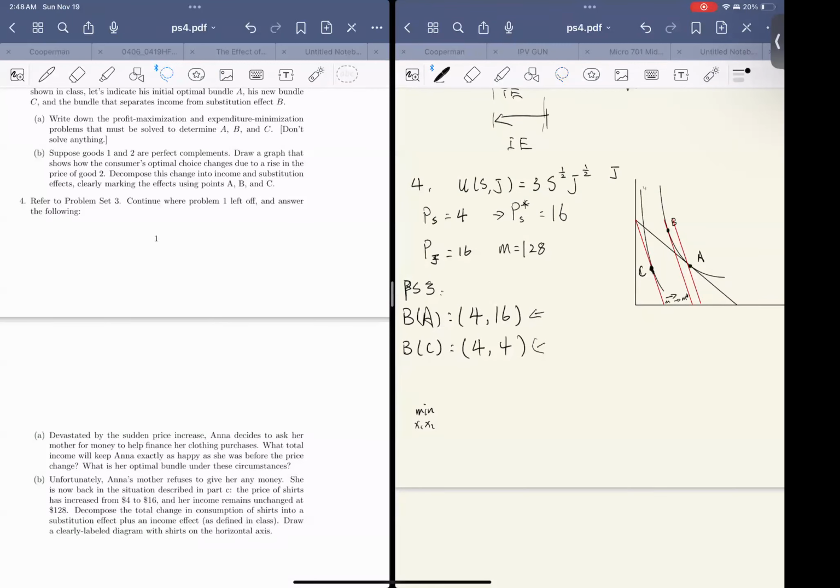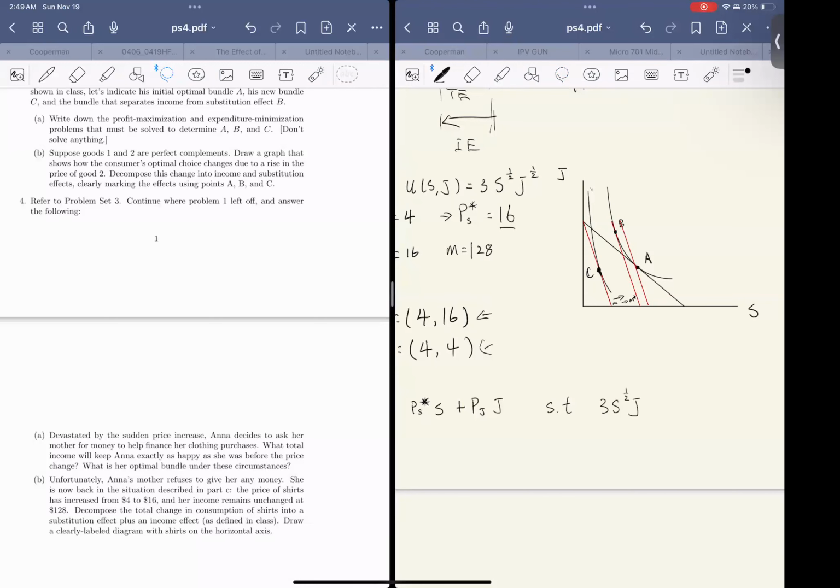So we have P_S star S plus P_J J, and subject to 3 S^(1/2) J^(1/2) minus U constant.